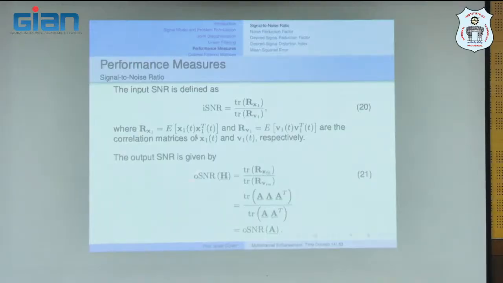We take the output SNR expression and find its derivative with regard to A. The only thing we don't know here is A. So if we find the derivative with regard to A and equate it to 0, we will find the A that maximizes the output SNR.